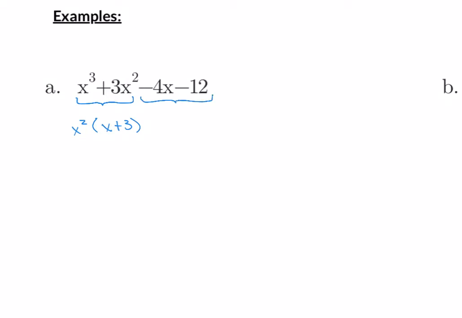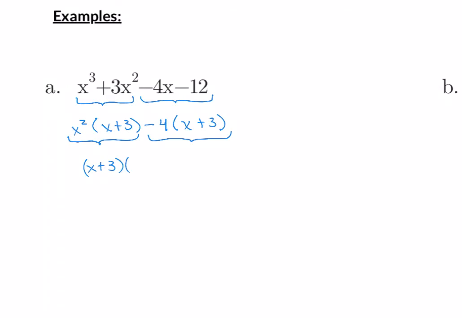In the last set, I can factor out a minus 4. And if we divide each term by minus 4, we get positive x and positive 3. From there, we're going to go ahead and factor out an x plus 3 from each thing.